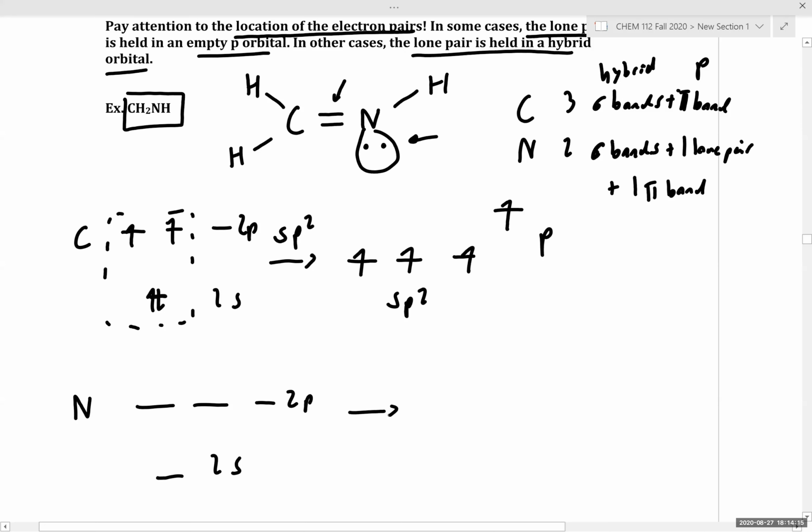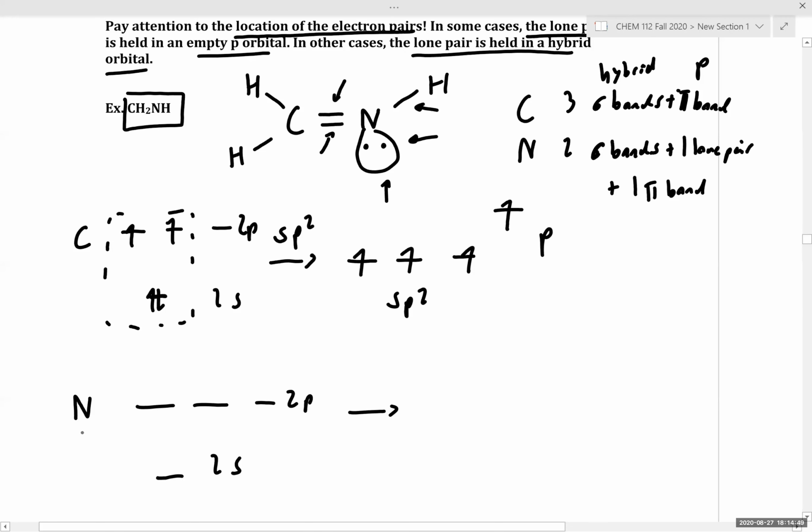What hybridization will nitrogen need to adopt in order to have 3 orbitals to hold its bonds and lone pairs? Let's try to get a few responses in the chat for this. What hybridization would nitrogen have to adopt? Don't be shy to share your responses in the chat. Think about our ammonia example that we did a while ago.